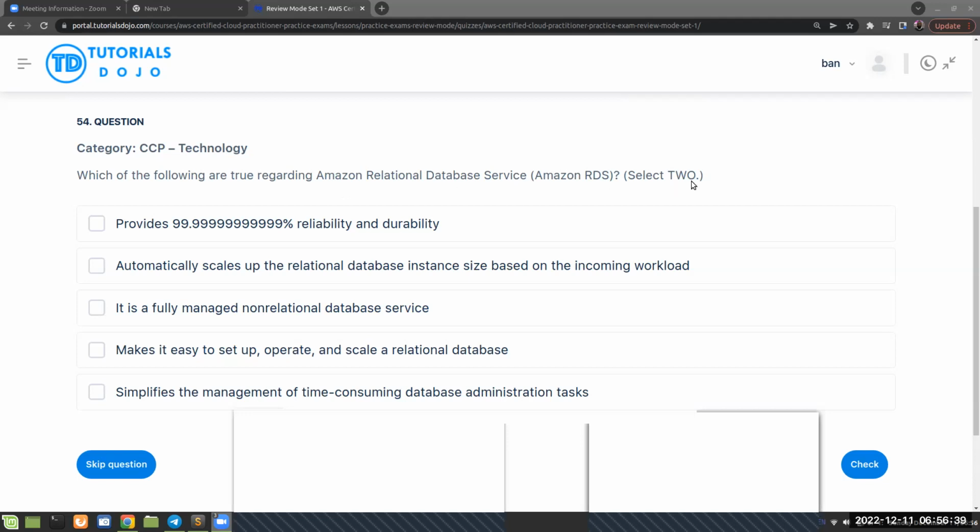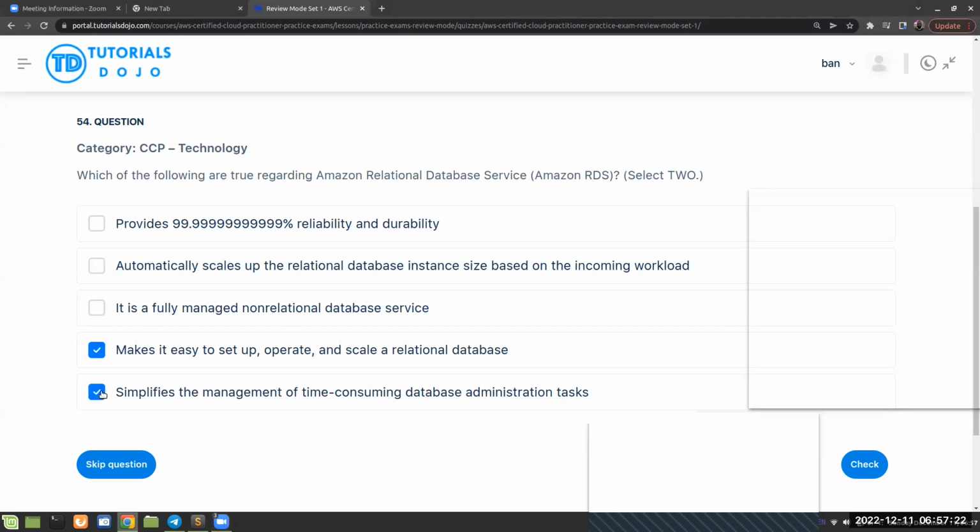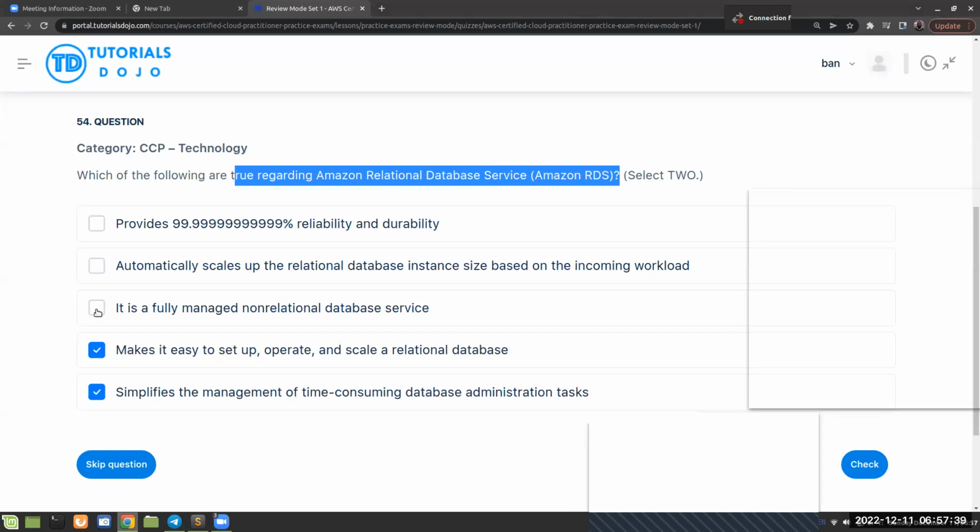True regarding Amazon Relational Database Service. I see C being mentioned.